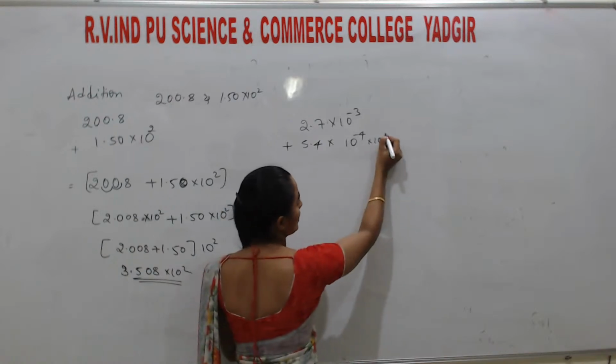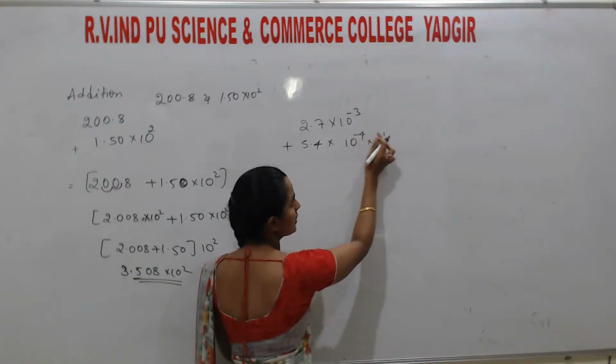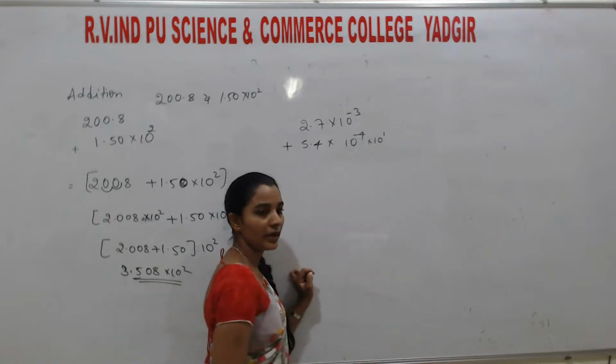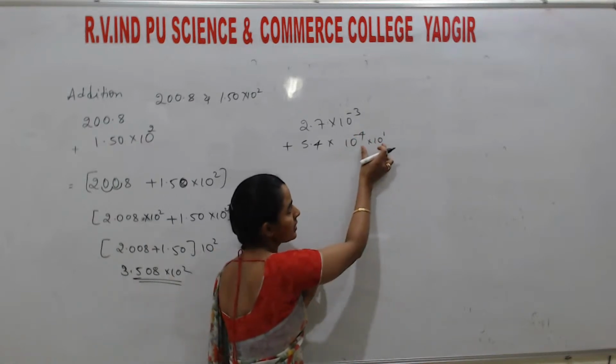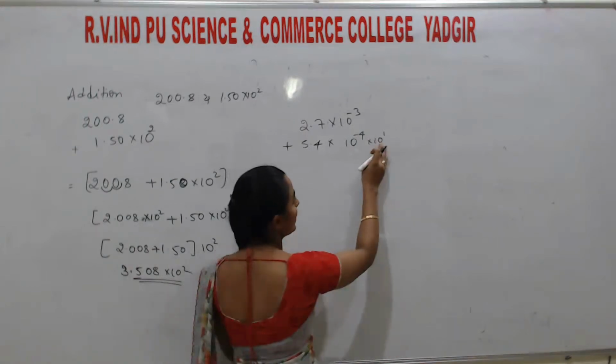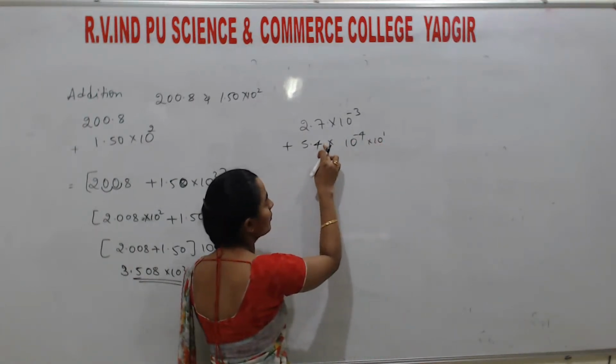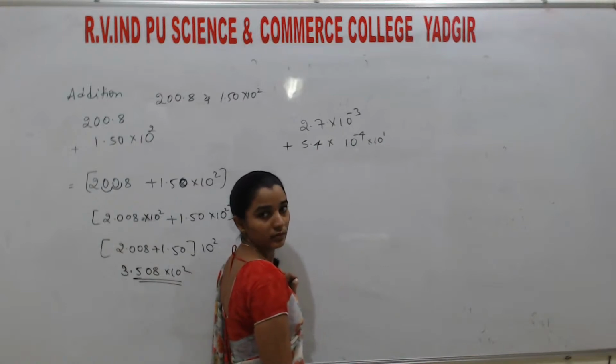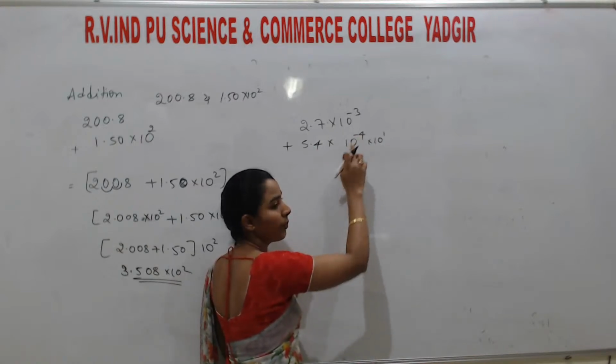Here 10 to the power of 1, minus 4 plus 1 will become minus 3. If bases are same, powers are added. Correct? So this will become 54 into 10 to the power minus 3.